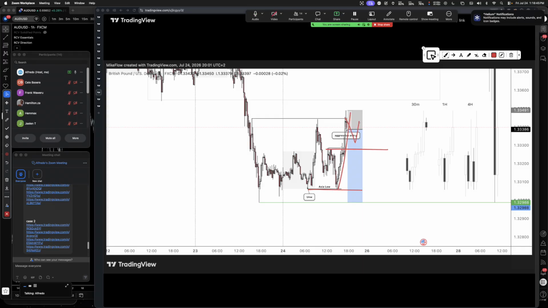So I have to assume the completion before I look for the transition. Like, yeah, there is a sweep here. But you would need a disruption internally for me to justify going for the low.